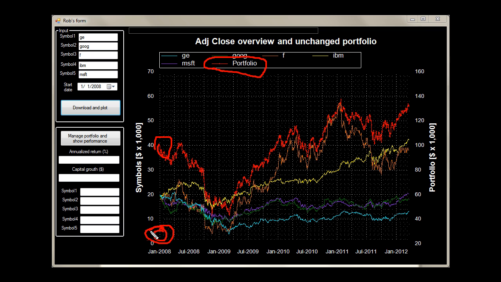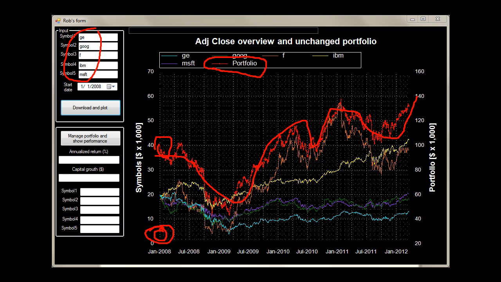That needs to be here too, because what I need to show people is, here's what all 5 of these stocks did since the starting date, and here's what the portfolio did. So do you want to buy the stocks or do you want to buy the portfolio? So that's the first thing that needs to be done. We need to tweak the math on the portfolio line so it follows the strategy, and we need to change these so everything starts at 0.